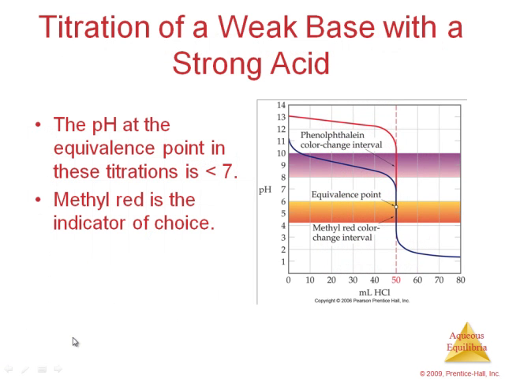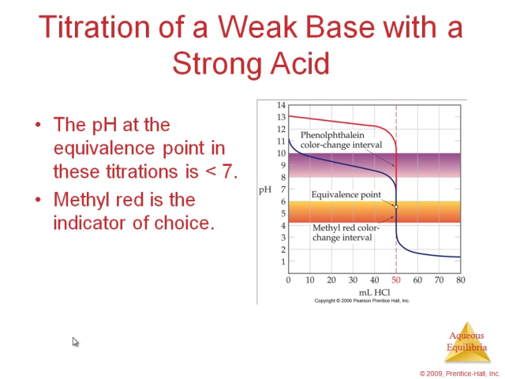When we titrated weak acids with a strong base, we said at the equivalence point you have the anion present. Anions are usually bases, therefore the pH is going to be above 7, right? Now the opposite case, where you have a weak base with a strong acid, at the equivalence point what you have is the cation of the weak base.